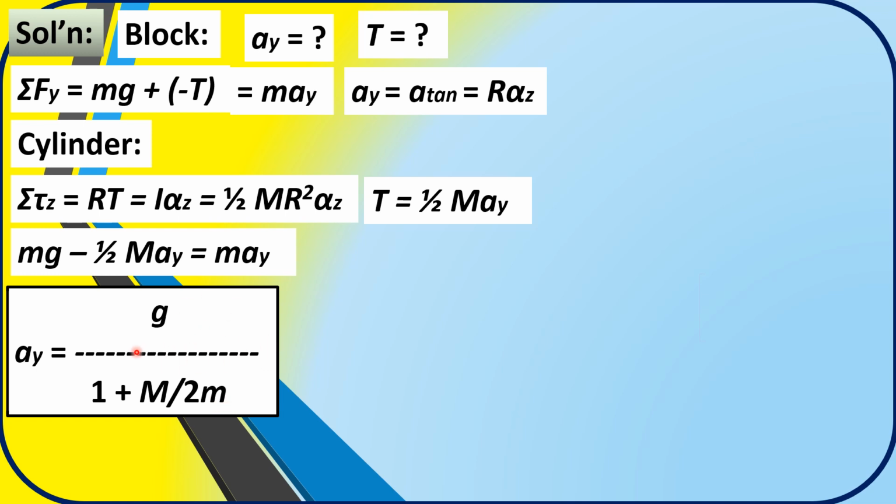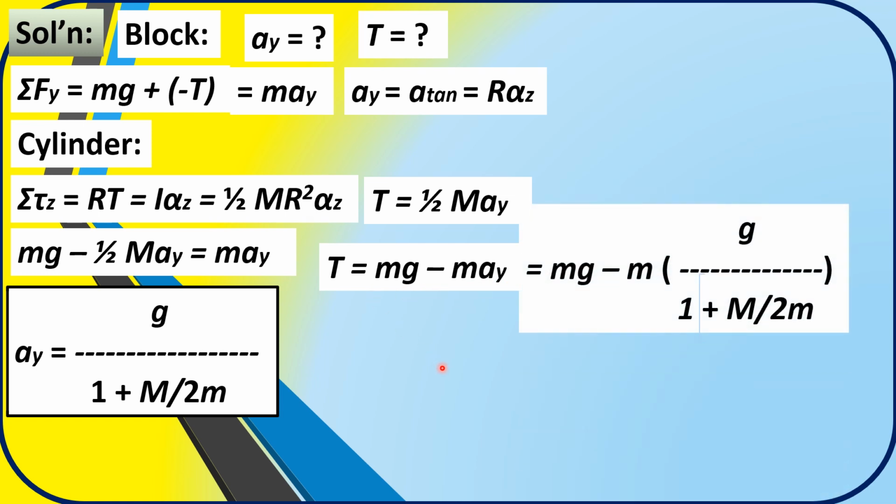This is the formula for determining a sub y, which we are going to use in a little while. First, we also derive the working formula for our other target variable, the big capital letter T. Here we express capital T as mg minus m a sub y.